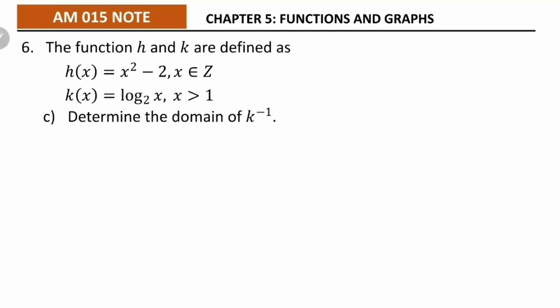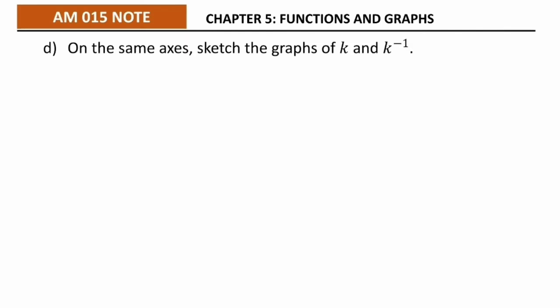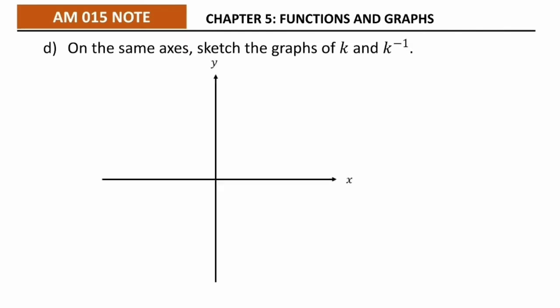Since k inverse of x equal to 2 power of x, the domain of k inverse is x, the index of 2, so x can take values from negative infinity to infinity. And the range of k inverse equal to the domain of k. So the domain of k is x greater than 1, which means the range of k inverse is also x greater than 1, so 1 to infinity. Then on the same axis, sketch the graph of k and k inverse.